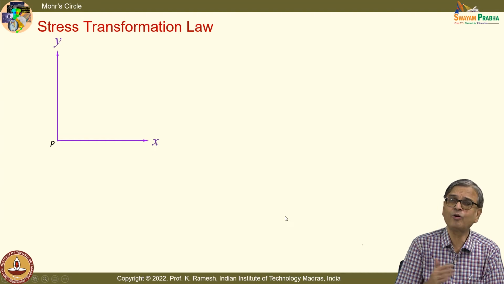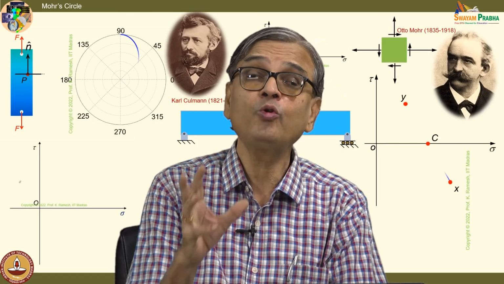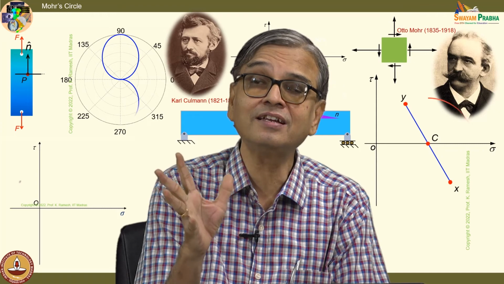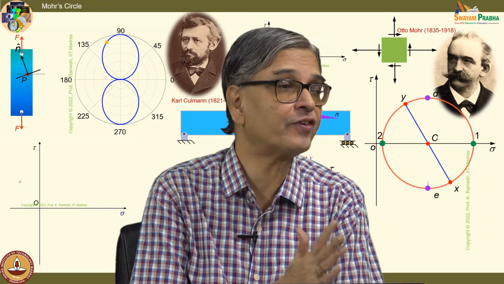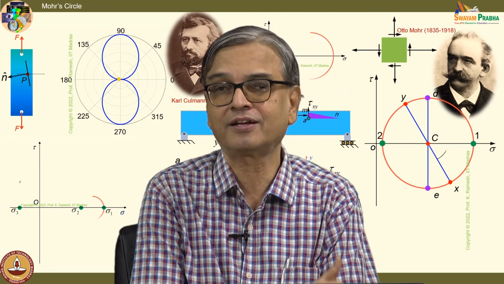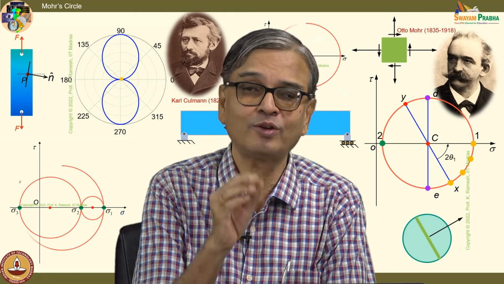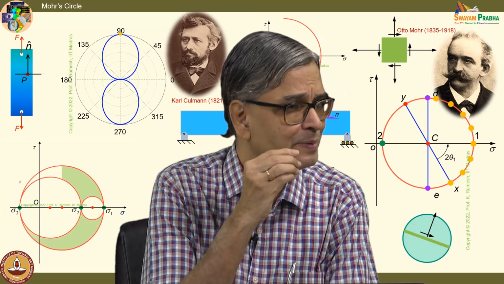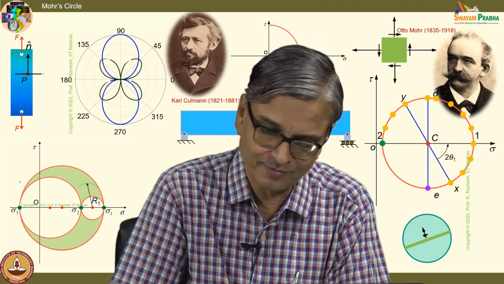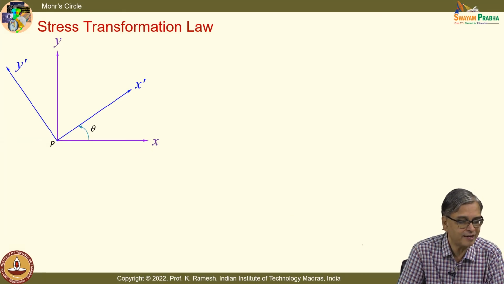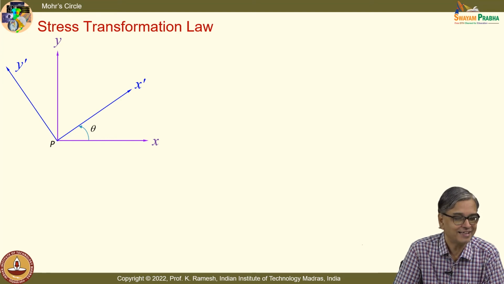And now we go back to proving why the Mohr circle is a circle. That stems from your stress transformation law. See, stress transformation law, until you graduate, you will have to be with it. You will be repeatedly doing it in your higher courses also. So, there is no harm in repeating it again and again, and we have seen it from first principles.